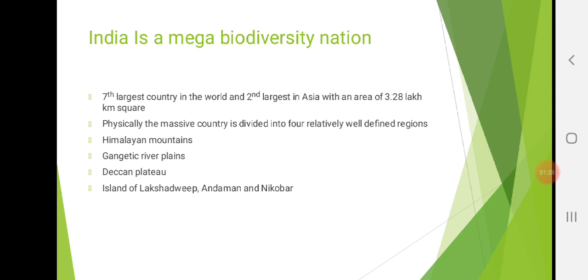India is a huge country. Physically, the massive country is divided into four relatively well-defined regions: Himalaya Mountains, Gangetic River Plains, Deccan Plateau, and the islands of Lakshadweep, Andaman and Nicobar.